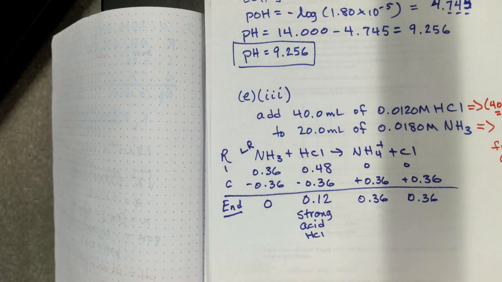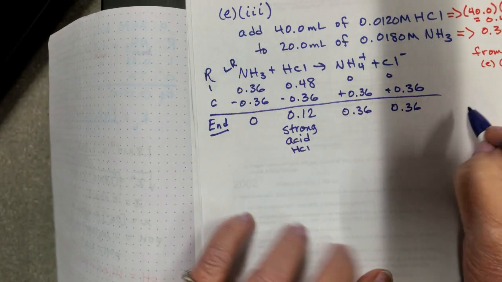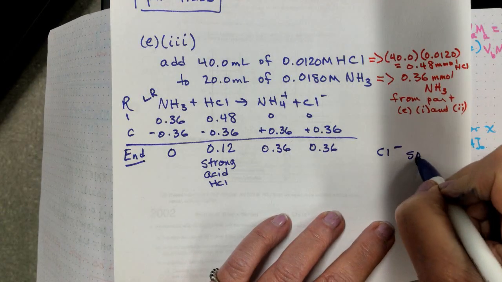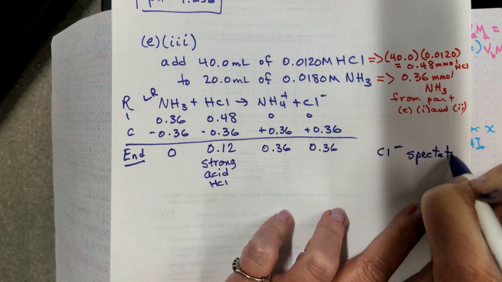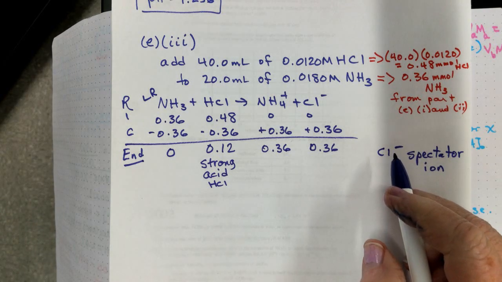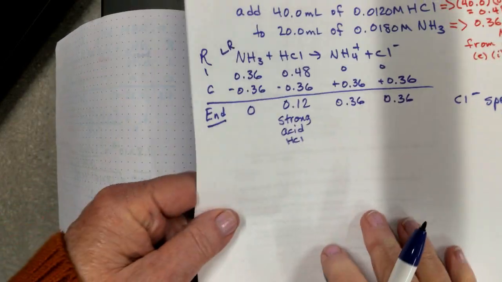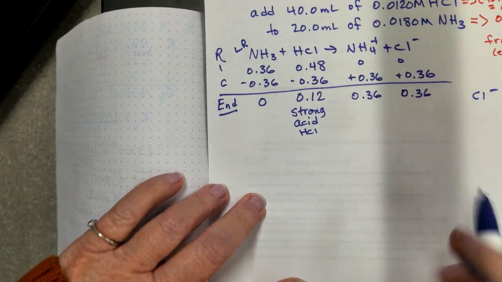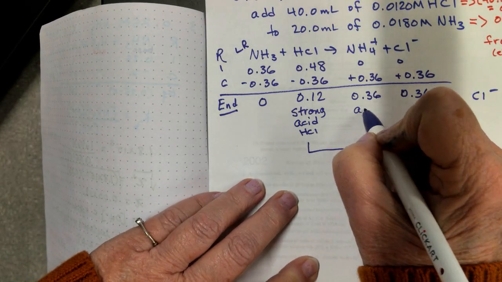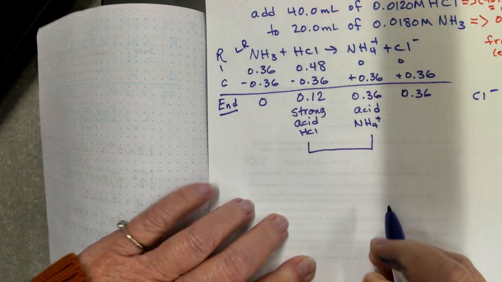And that's a spectator. Oh, forgot my charge. Okay. So we have to know that chloride came from a strong acid, so it is a spectator. It came from HCl. It's strong, so that makes this too weak. It's a spectator. It's not going to enter in the chemistry. So between the two acids I'll have left, which one is stronger?